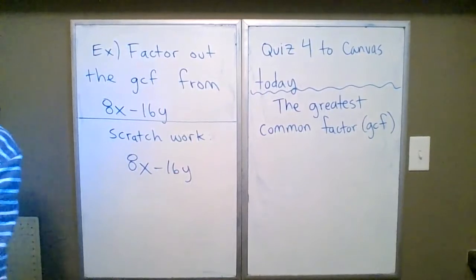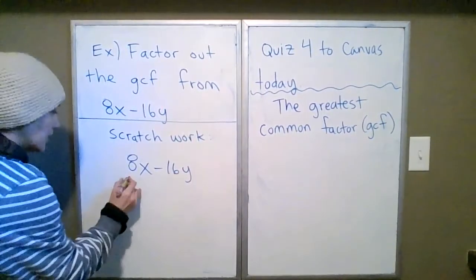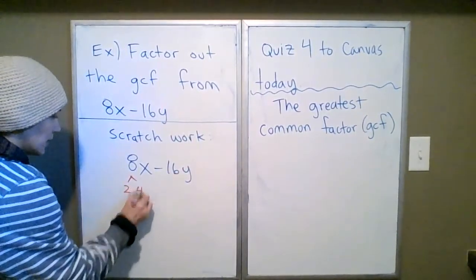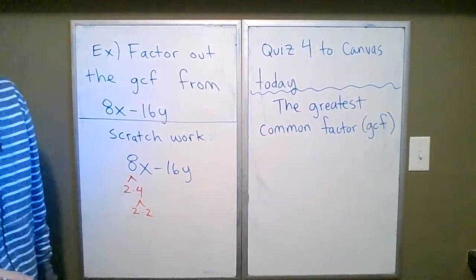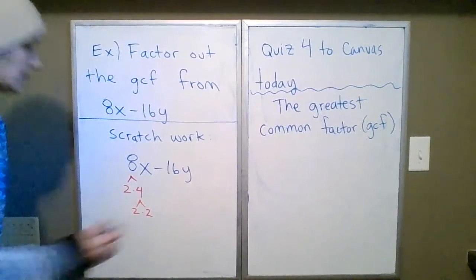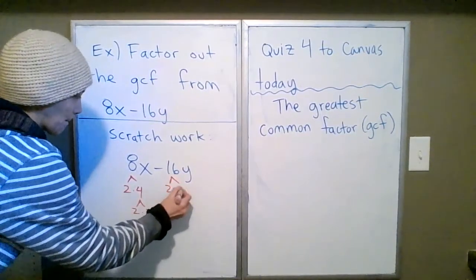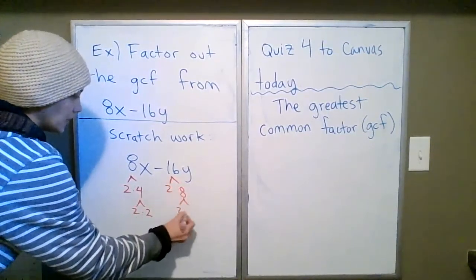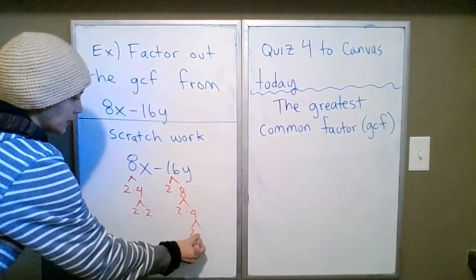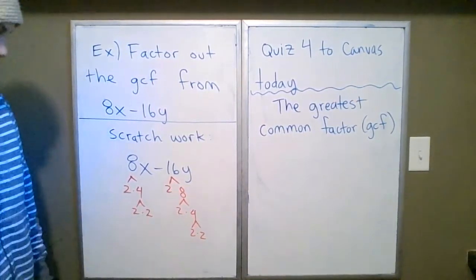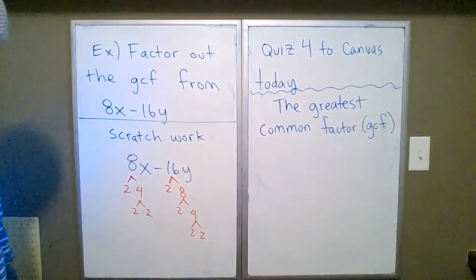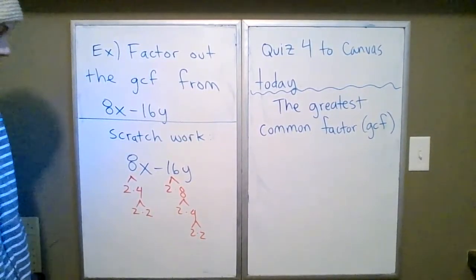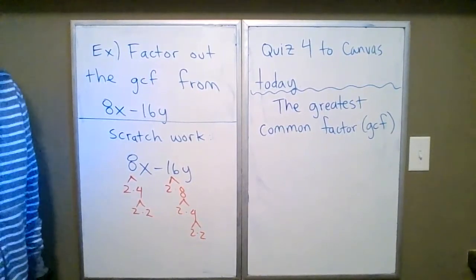So 8 is 2 times 4. 4 is 2 times 2. 16 is 2 times 8. 8 is 2 times 4. 4 is 2 times 2. Okay.